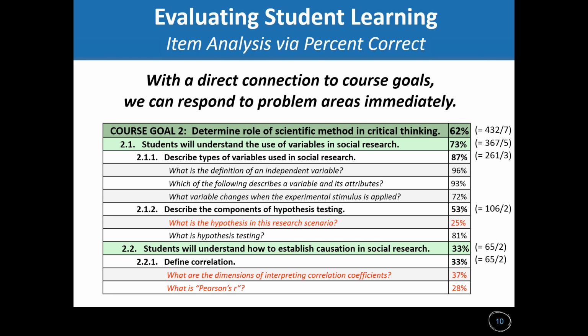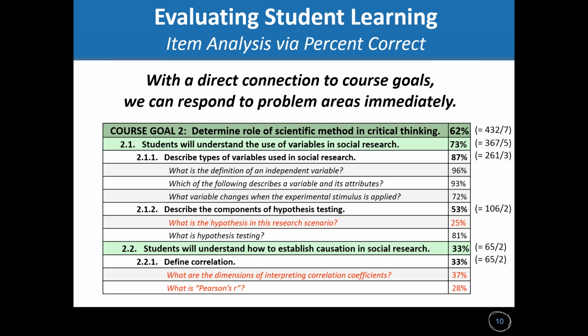We can literally map out ways to improve the course based on student learning outcomes. We know they don't know what Pearson's R is. We know they don't know the dimensions of interpreting correlation coefficients. That whole section right there, they don't know it. And if correlations is going to be important going forward in social research methods, and it is, I'm going to have to go back and reteach this stuff.